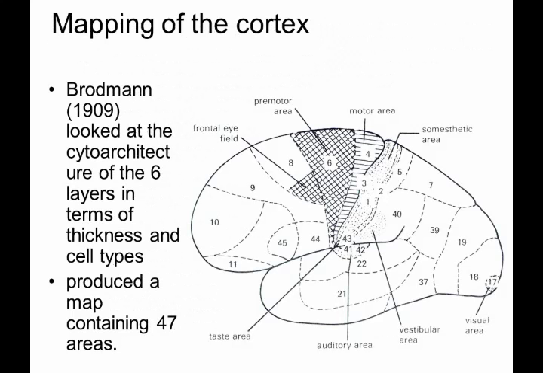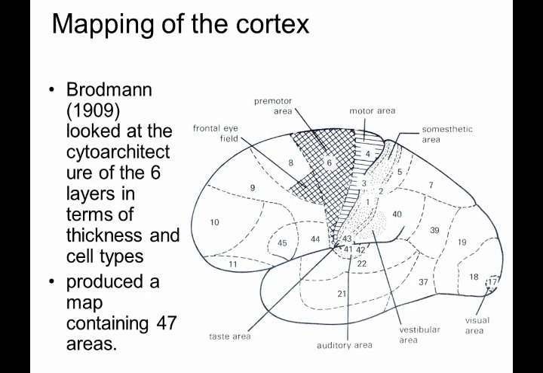Right. This is the standard mapping, which is quite old, developed by a guy called Brodmann at the beginning of the 20th century, and he did that only by looking under the microscope and noting that there are slightly different looks of the cell types and the thickness and the connections and other things of the neurons in the different areas.